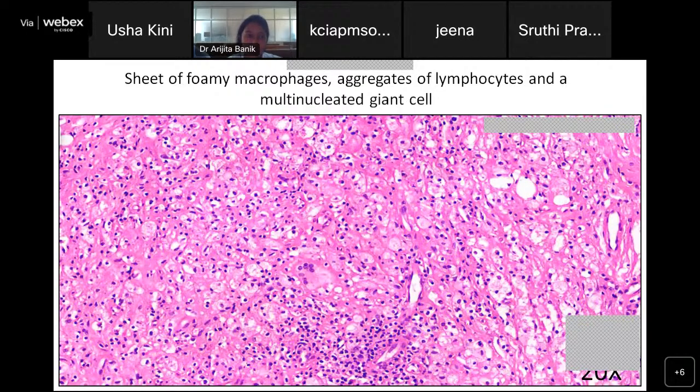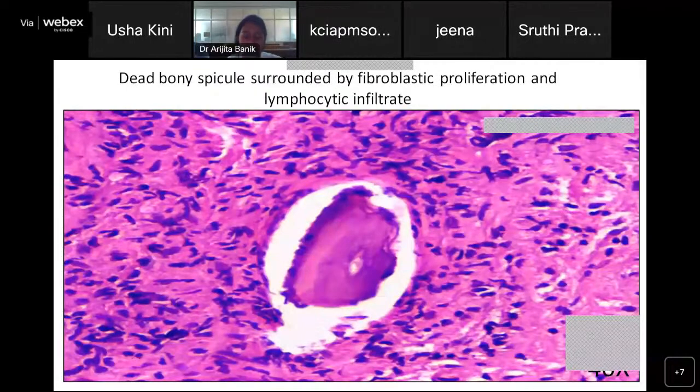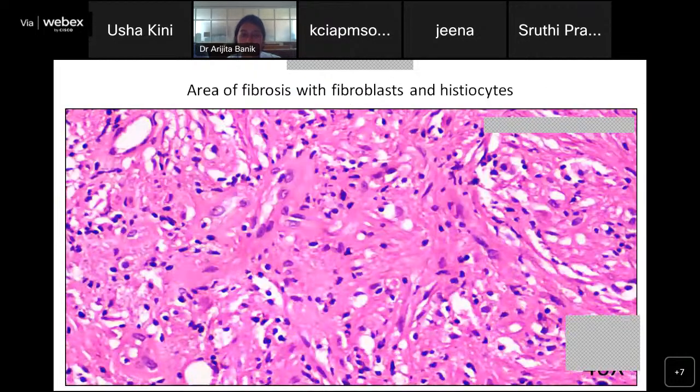This photomicrograph also shows sheets of foamy macrophages, aggregates of lymphocytes, and multinucleated giant cells. Also seen are few dead bony spicules surrounded by fibroblastic proliferation and lymphocytic infiltrate. Area of fibrosis with fibroblasts and histiocytes also seen.